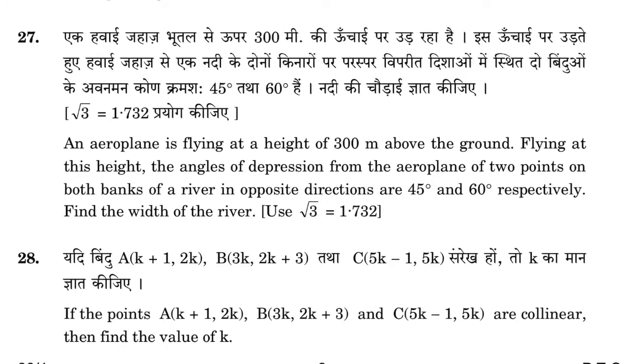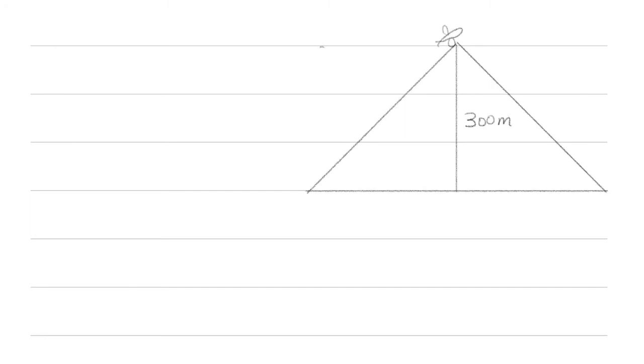27th question. In this question, we have an aeroplane flying at the height of 300 meter. Angles of depression are 60 degree and 45 degree.